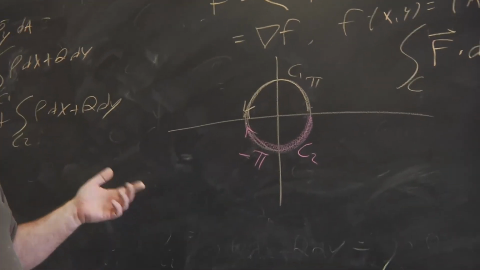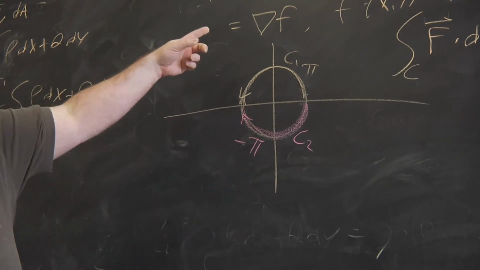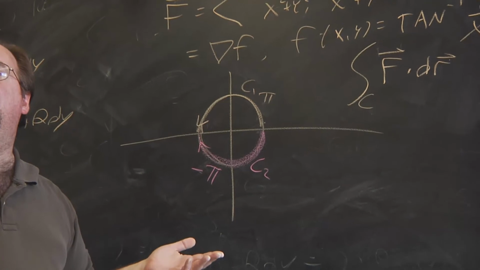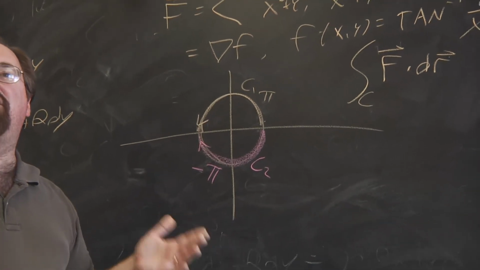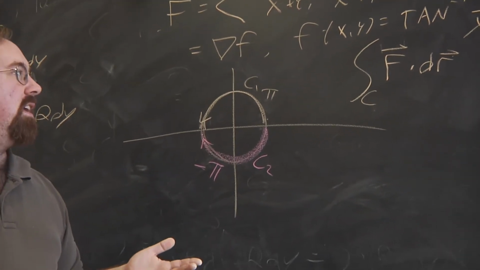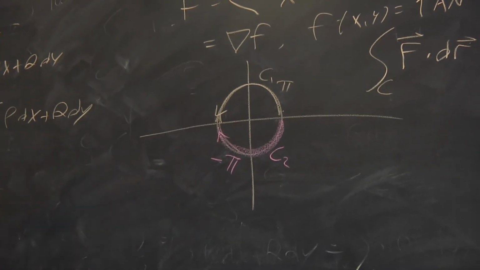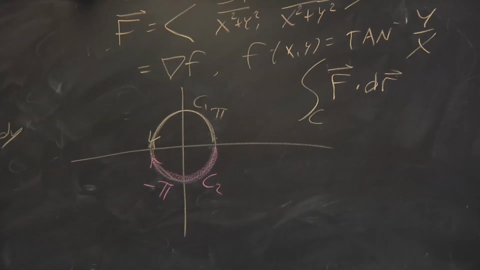We have this vector field that is conservative, but it's not path independent. Well, it turns out this is not a contradiction at all. Can anyone think why? Wouldn't it just be because of the direction you're traveling?